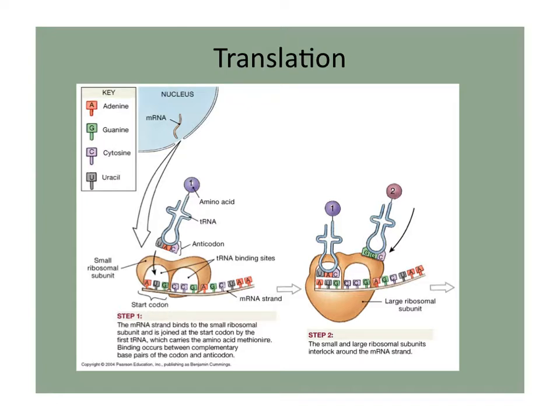Once again, they come along just as in the previous, a couple of slides before, and we have the transfer RNAs carrying the specific amino acid coming in, complementary base pairing takes place at the site of the ribosome, and as more and more go through, we move on to the next.